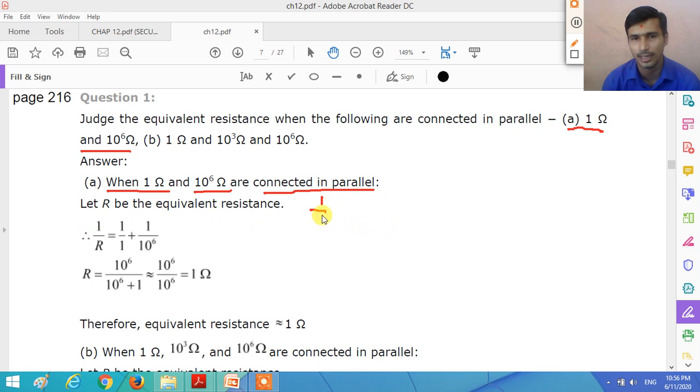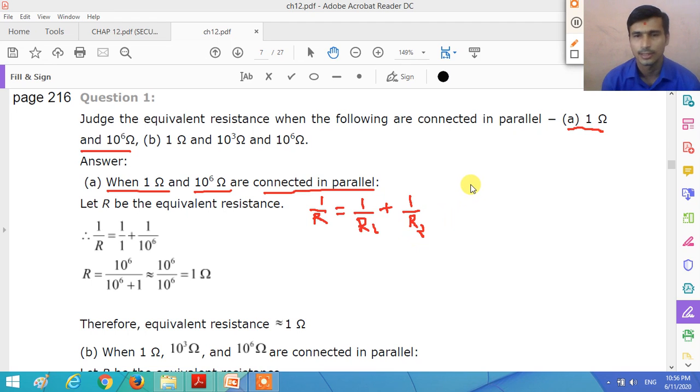1 divided by R is equal to 1 divided by R1 plus 1 divided by R2. That is the formula of the equivalent resistance when two resistors are connected in parallel.